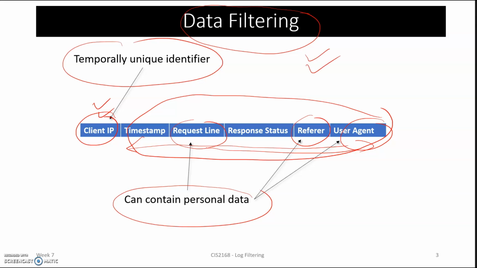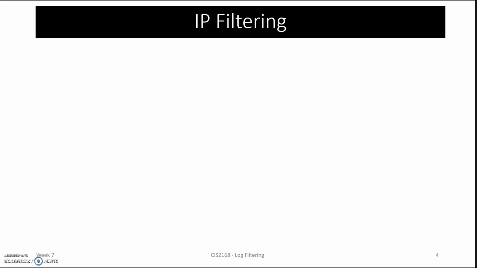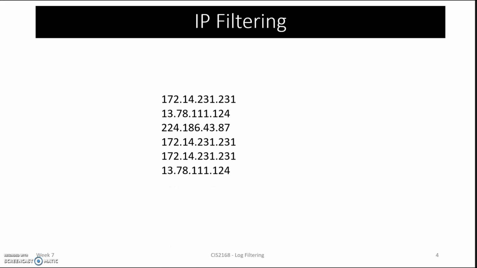In the next slide, I have shown how you will filter IP addresses from the CSV file or from the log file. Suppose you have many IP addresses. Here you can see that the first IP address is the same as this IP address and this IP address. Similarly, the second IP address is similar to this IP address. So it means there are users.